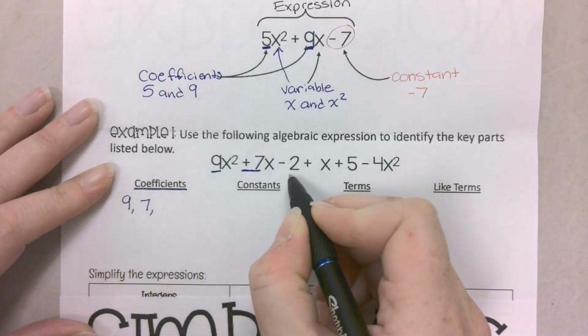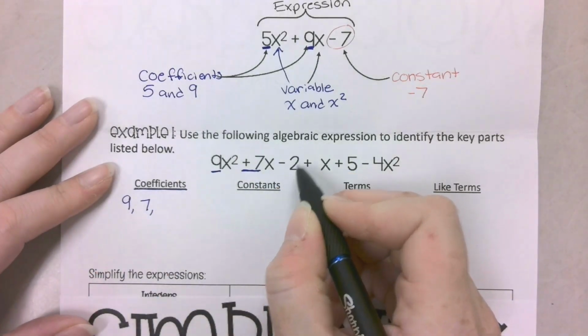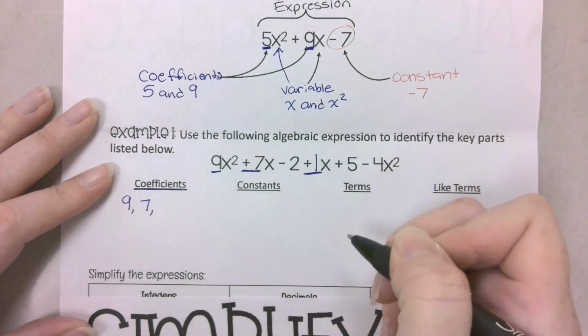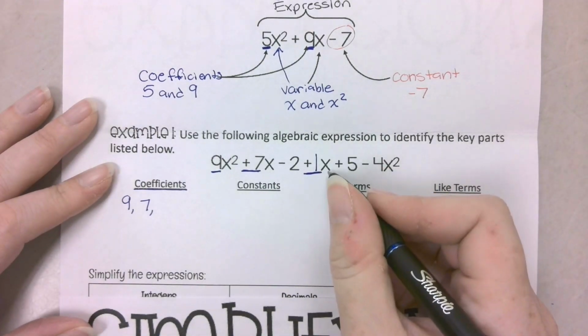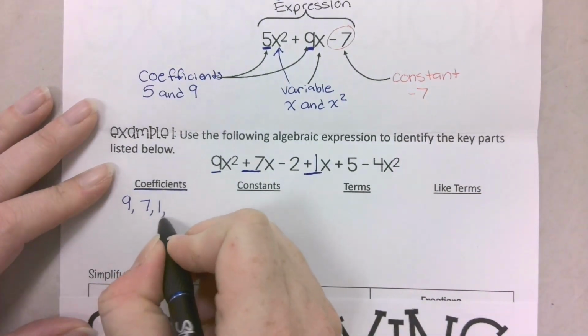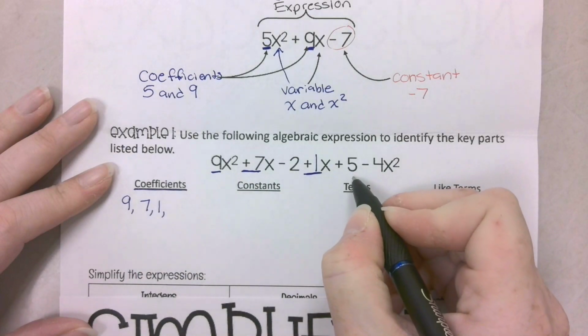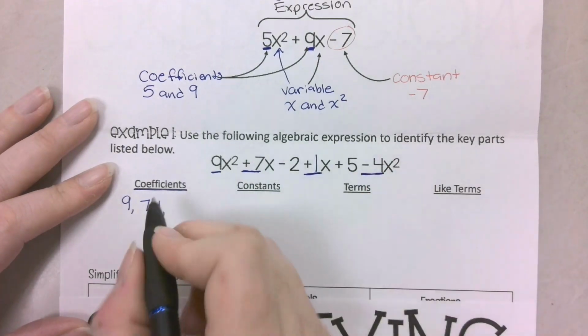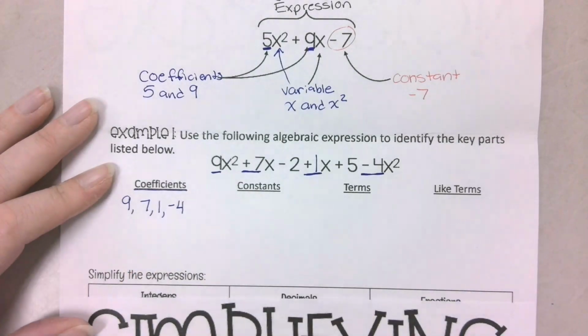Oh, that's a constant. There isn't a coefficient then. Here, there's a very special coefficient that's invisible of 1, because that would be like 1x algebra tile, so there's 1 of them. Constant, oops, no coefficient. And then finally we have -4, because remember it takes the sign in front.